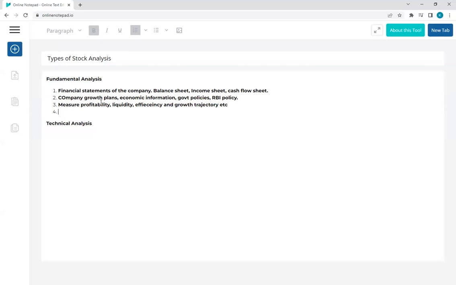For example, if I take Tata Motors, so Tata Motors is selling a newly released car, let us say Altos. What an investor does here is try to measure how many Altos cars are selling compared to other cars.